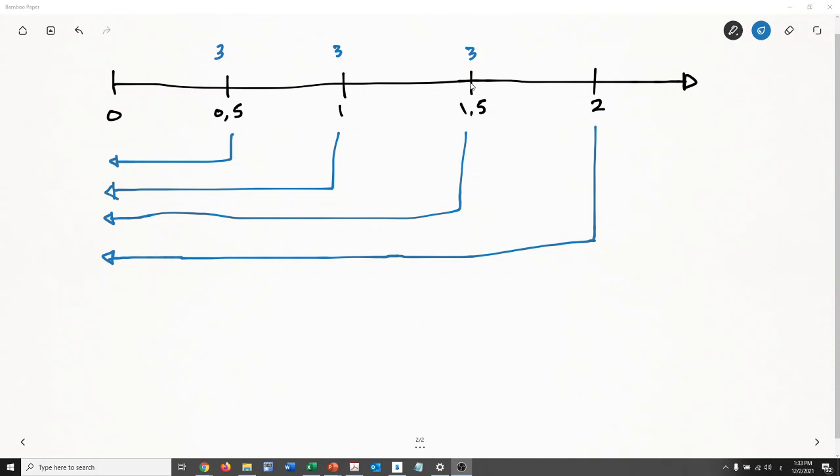After a year and a half, it will also pay $3. And after 2 years, how much are we going to receive? After 2 years, the bond is going to mature. Exactly, we will receive the face value, which is 100, plus the last coupon payment, which is 103.